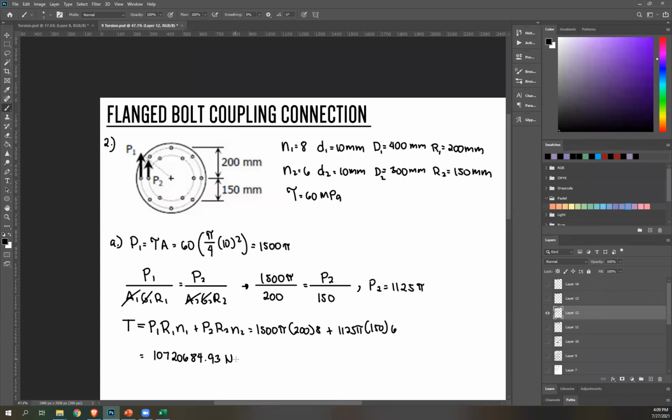And again, this is Newton millimeter, or divide by 10 raised to 6. So just move 6 decimal places. So 10.72 kilonewton meter. That's the answer for letter A.